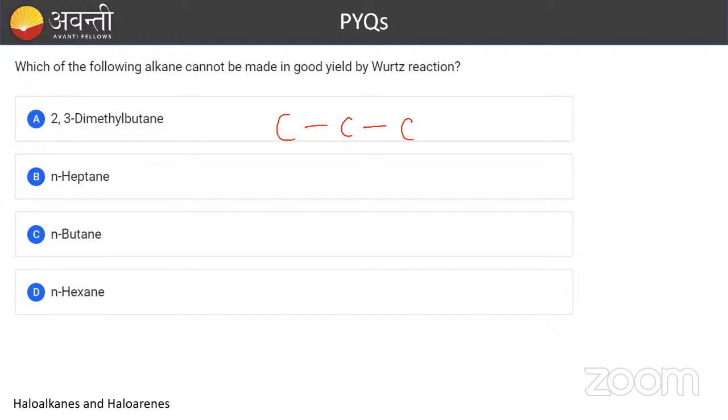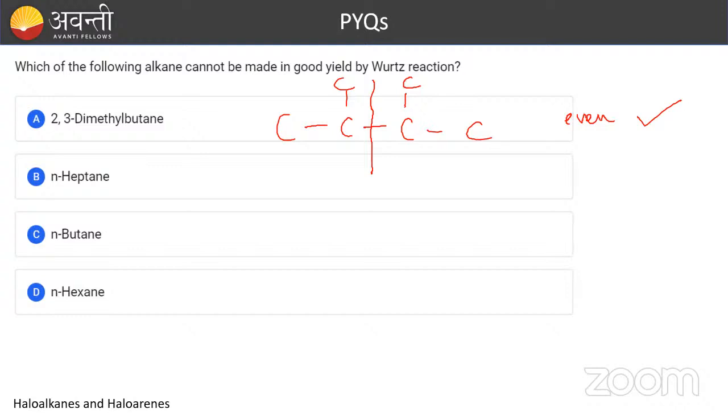So this is butane, and to the second carbon and the third carbon, we have a methyl group, CH3. So if I cut this molecule, I will get two identical parts. So it is a symmetrical alkane. So this particular alkane can be prepared using the Wurtz reaction.